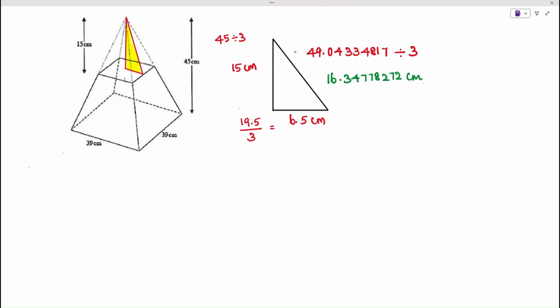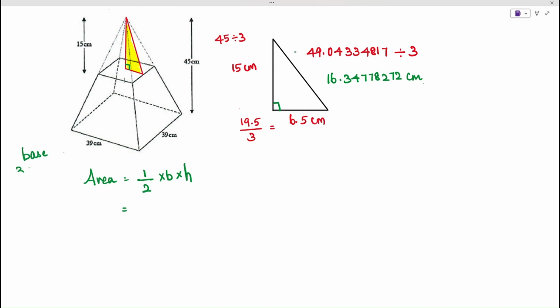Now, we can once again use our formula for the area of a triangle, half times base times height, and substitute our values in. For our base value, since 45 divided by 3 is 15, our length value for our square, 39 centimeters, can also be divided by 3. And 39 divided by 3 gives us 13.